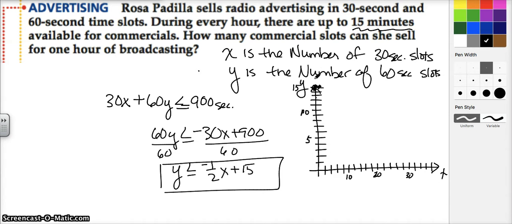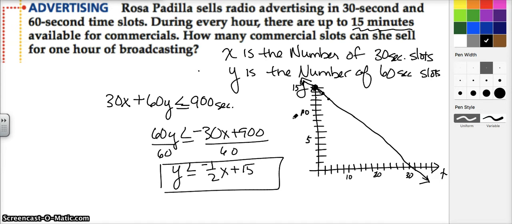So if my rise is 1, my run is 2. I'm just going to go over here, rise 1 over 2, and my graph is going to look like this. It's a solid line. So this is my graph.